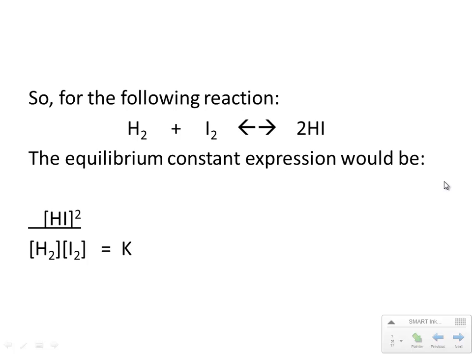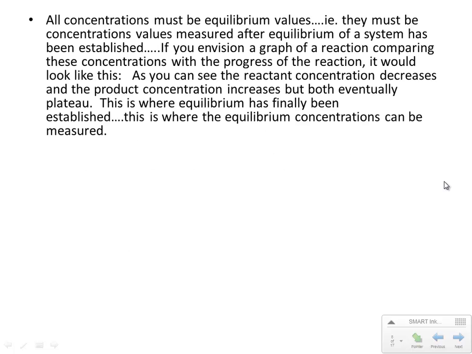All right. Some important rules about calculating the equilibrium constant are as follows. First of all, concentrations must be equilibrium values, which means they must be values that are measured after the system reaches equilibrium. If you envision a graph of a reaction comparing these concentrations, you would have something like this. At the start of the reaction, you have primarily reactants.